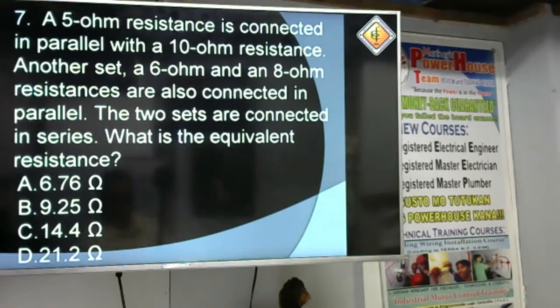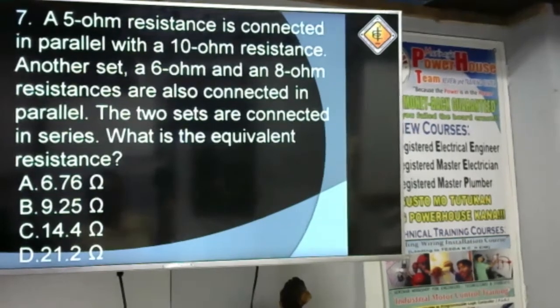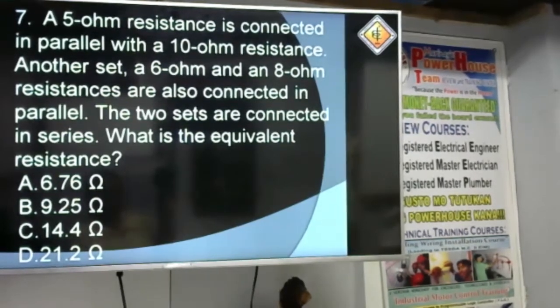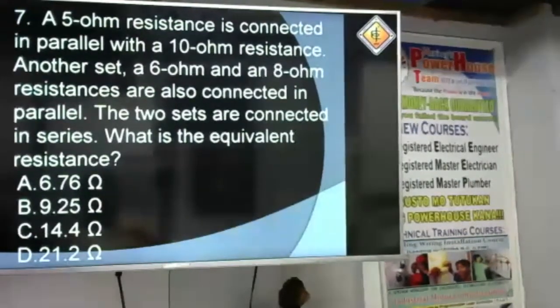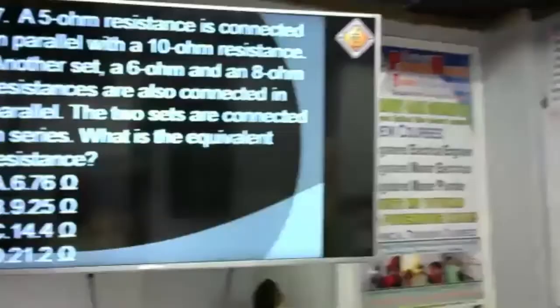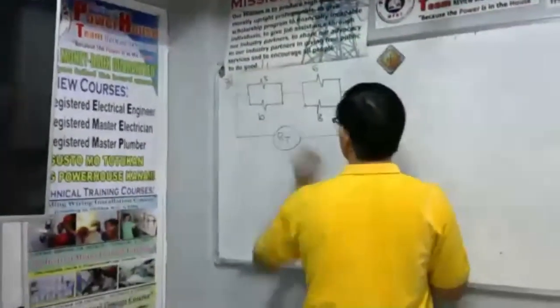Another set, 6 ohm and 8 ohm resistances, are also connected in parallel. The two sets are connected in series. What is the equivalent resistance? Let's say you have an ohm meter, a tester, to measure the equivalent resistance.